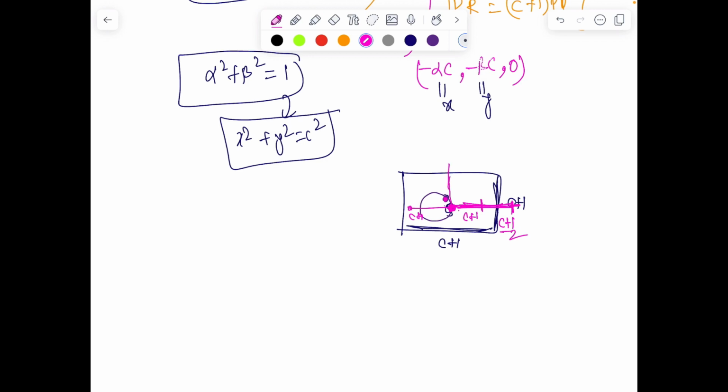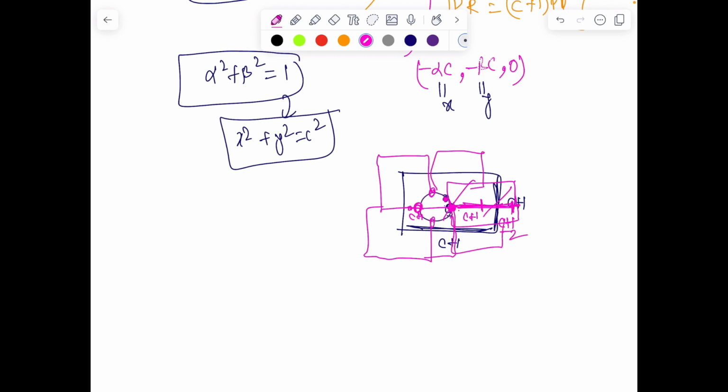So roughly a square will come here, right?